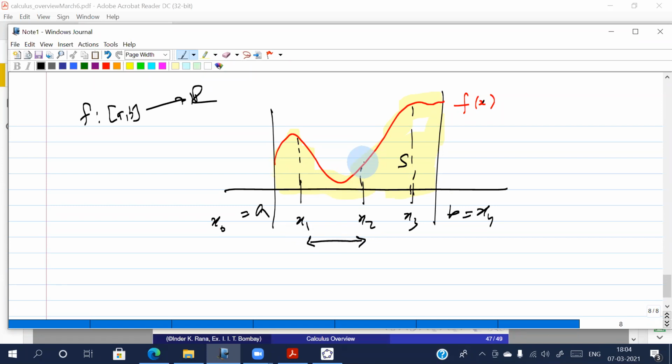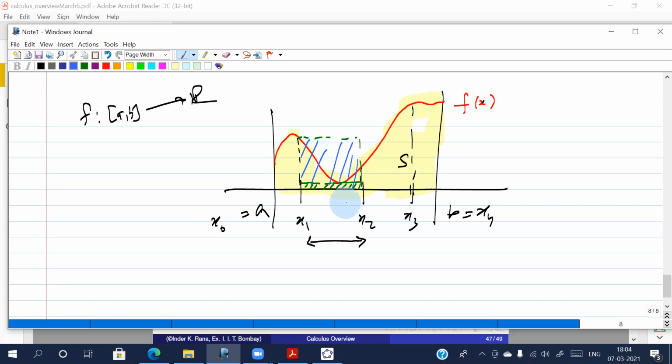But geometrically, it's quite clear that if I look at the smallest value of the function and look at this area, then the area below the graph of the function is going to be bigger than or equal to this area, the green one. And if I look at the largest value of the function, then the area below the graph is going to be less than or equal to this blue area. So at least we have a handle now.